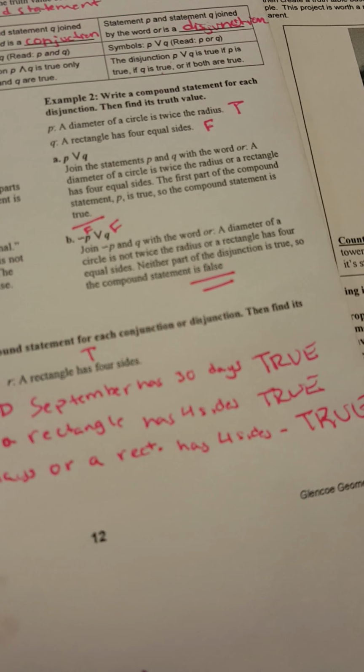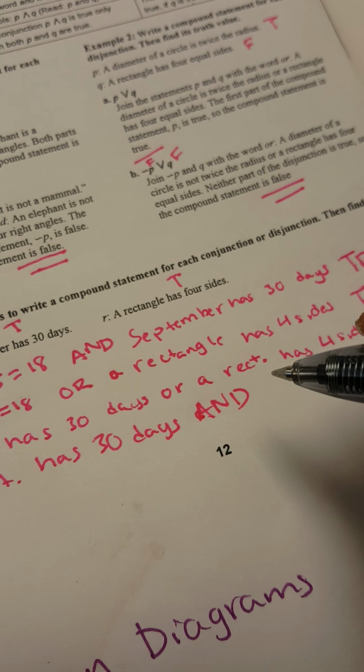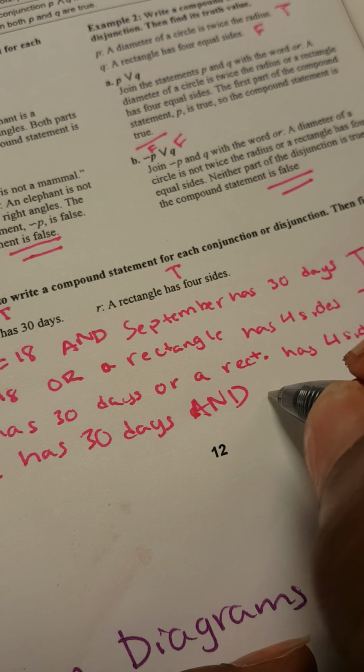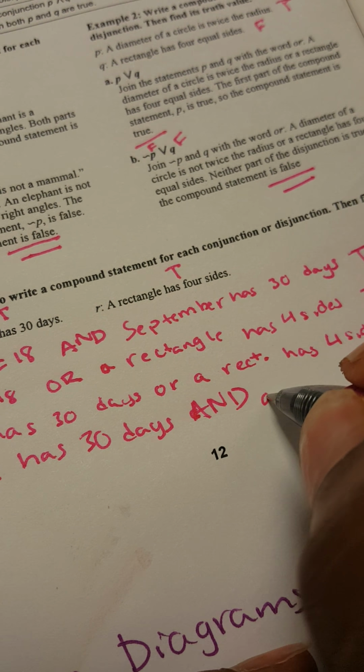Okay, Q and not R. So Q, September has 30 days, and not R. So R was a rectangle has 4 sides, so not R is a rectangle doesn't have 4 sides.